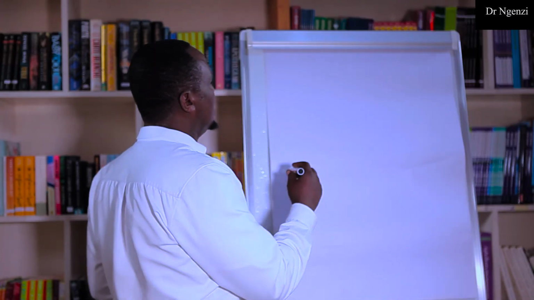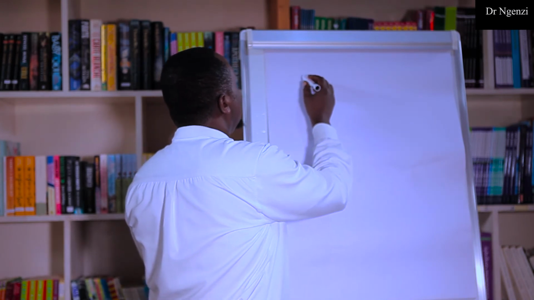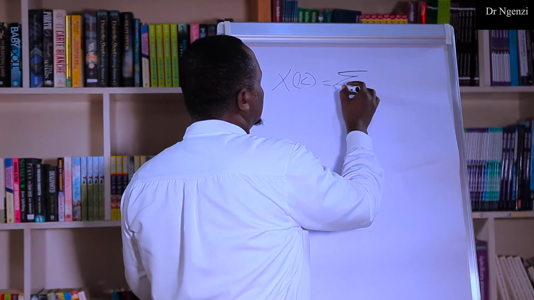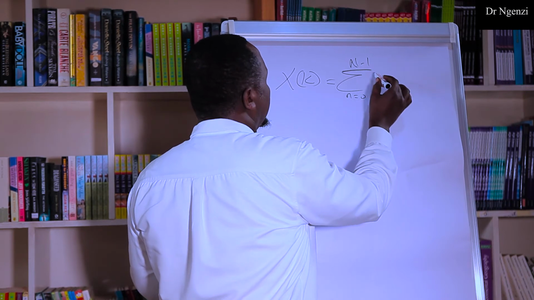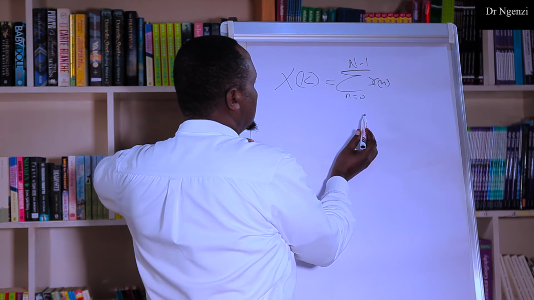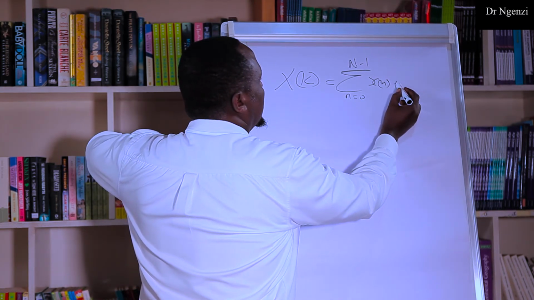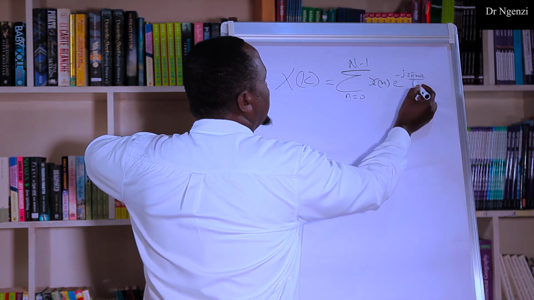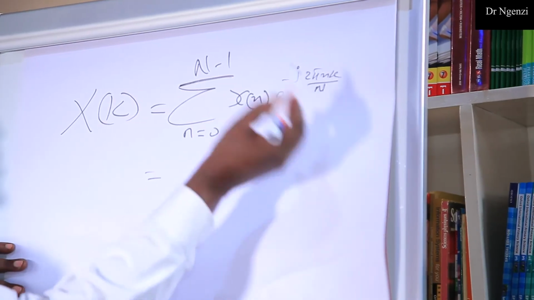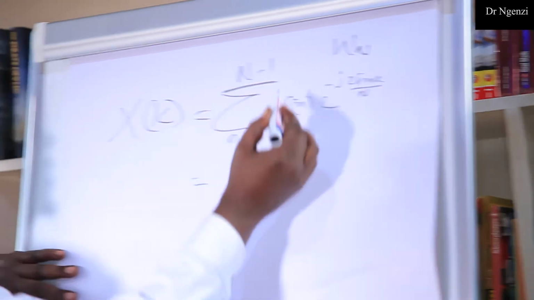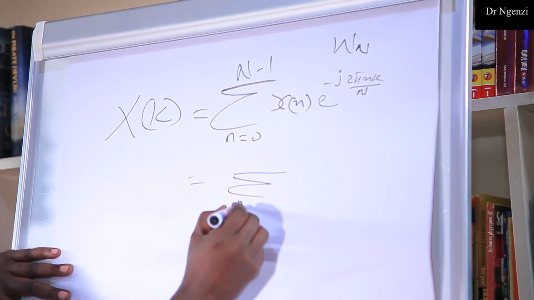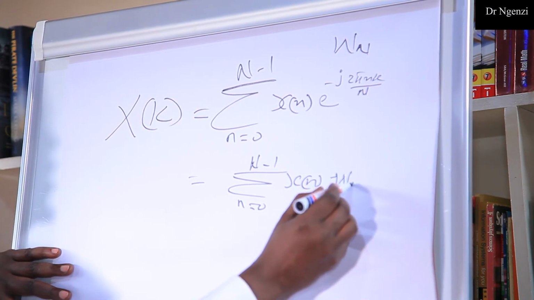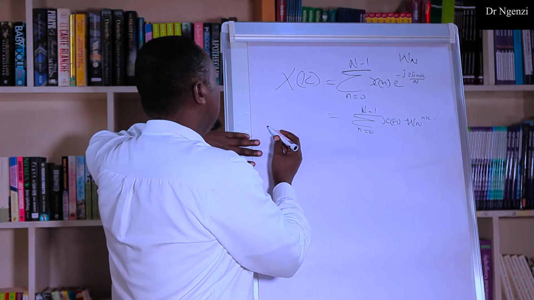Remember our formula is the summation from n equals 0 to N minus 1 of small x of n times e to the power of negative j 2 pi nk over N, which, if we substitute W_N, is the summation of x of n times W_N to the power nk.